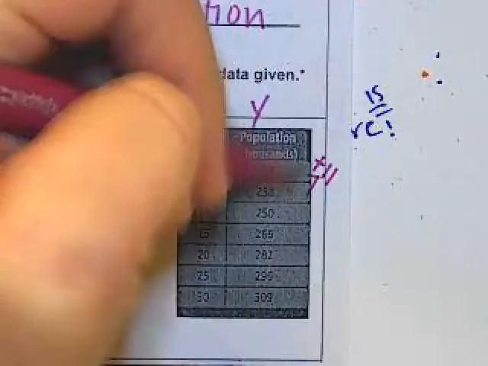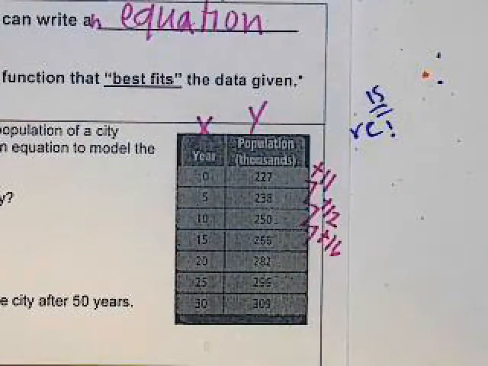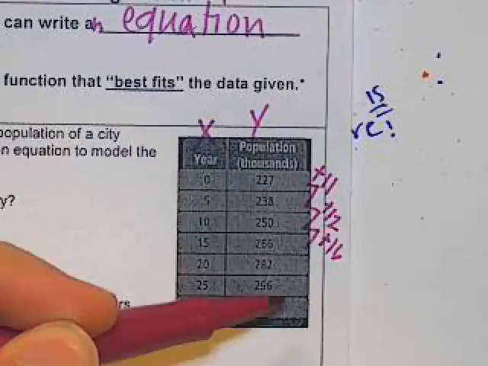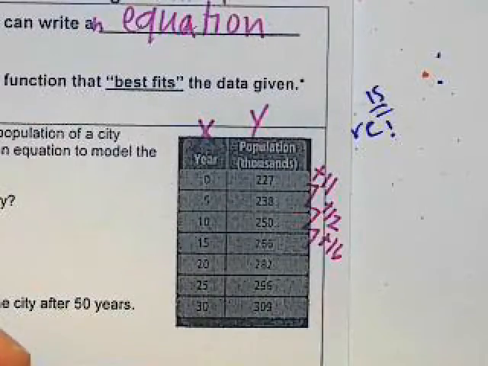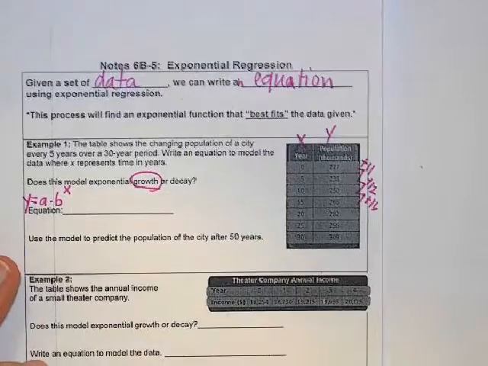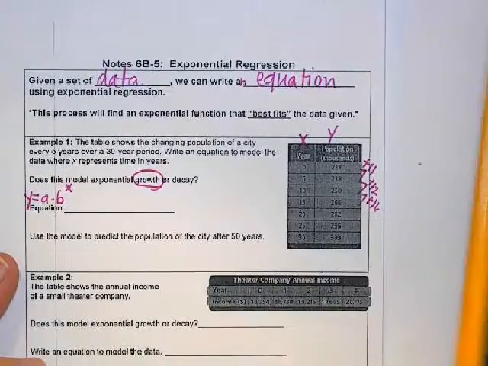Okay. 238 to 250, what's that? 12. 250 to 266. 16. Is it consistently making the same jump every time? No. Does linear consistently make the same jump? Yes. Okay. So because this is not being consistent in how it moves up the table, I know that it's an exponential problem.